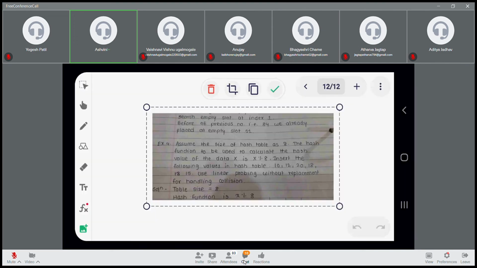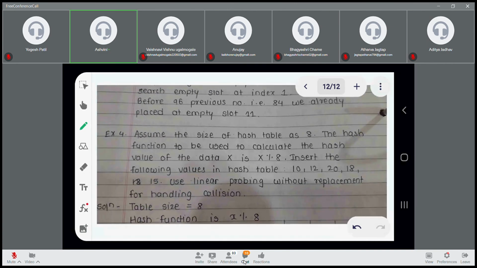Is this visible? Write down the statement, please. Is this visible clearly?